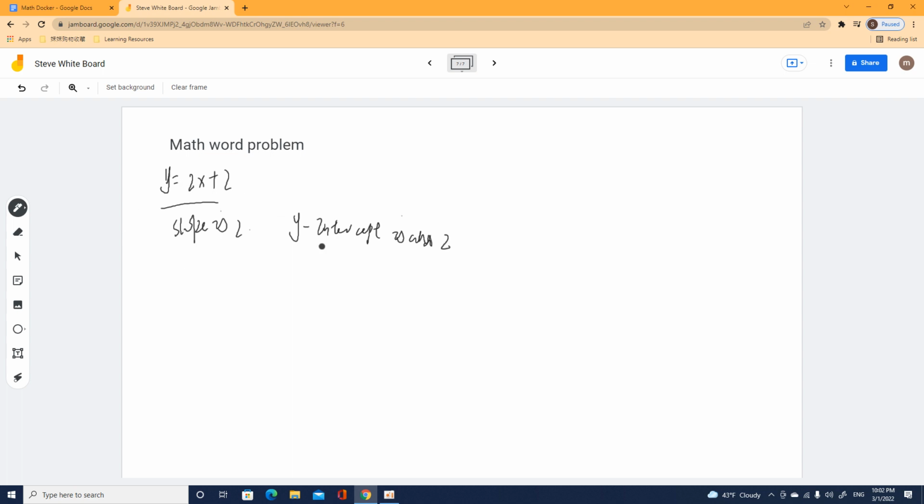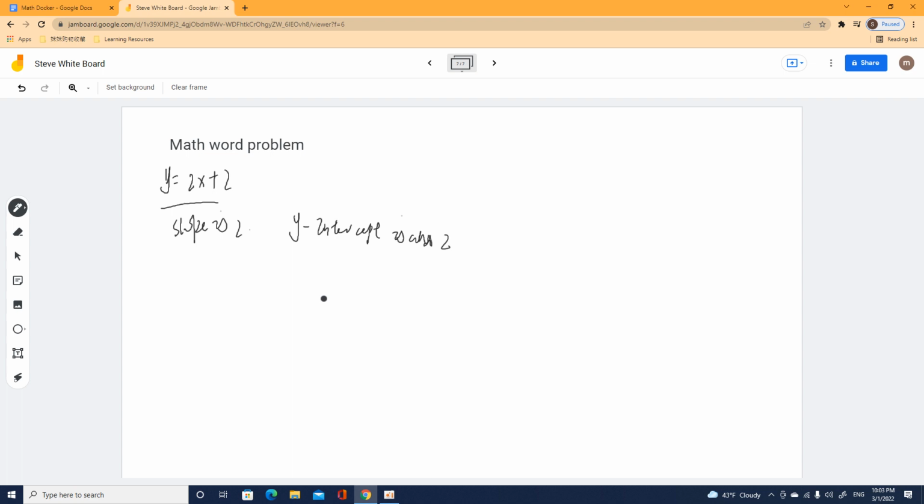They never directly ask what the slope and y-intercept are. They always ask in an indirect way, so we need to understand the real meaning of the math word problem. That is very important.